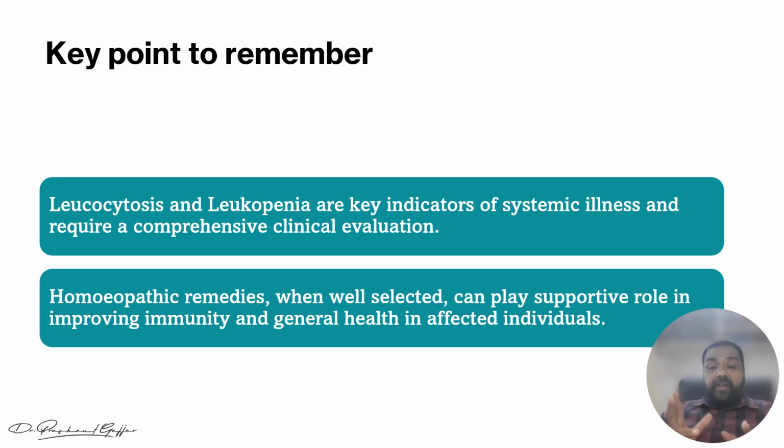So my friends, I hope you can easily understand today's objectives. You may know the definition of leukocytosis and leukopenia, the etiology of the same, what may be the differential diagnosis, and what steps we can take as management for these two conditions, right?